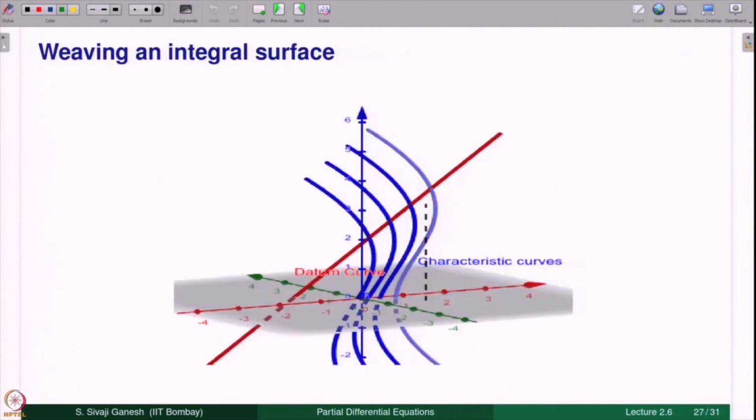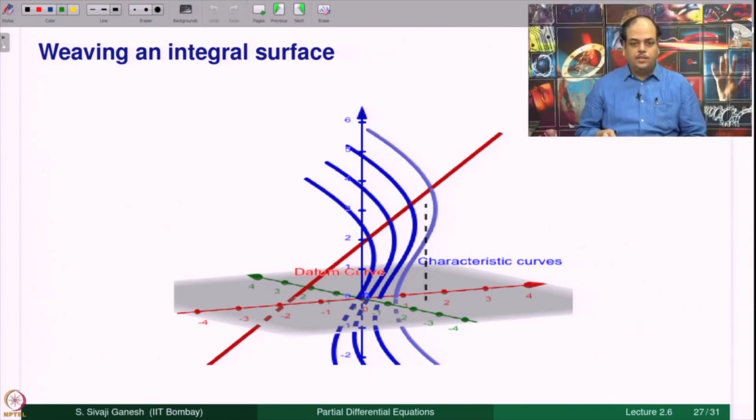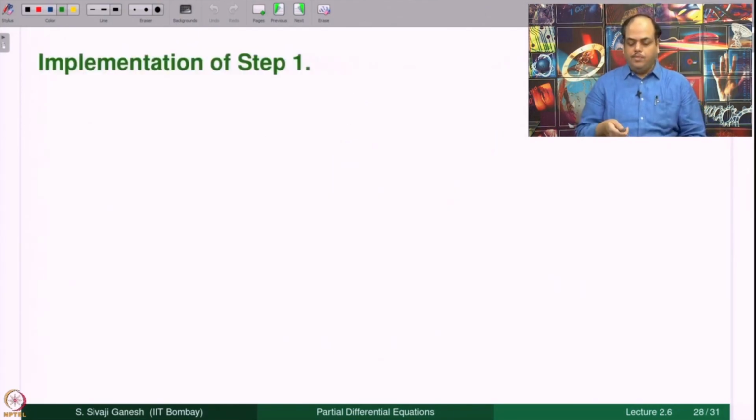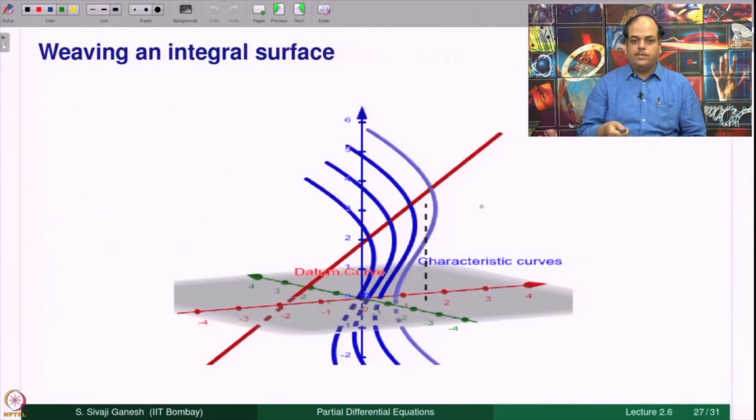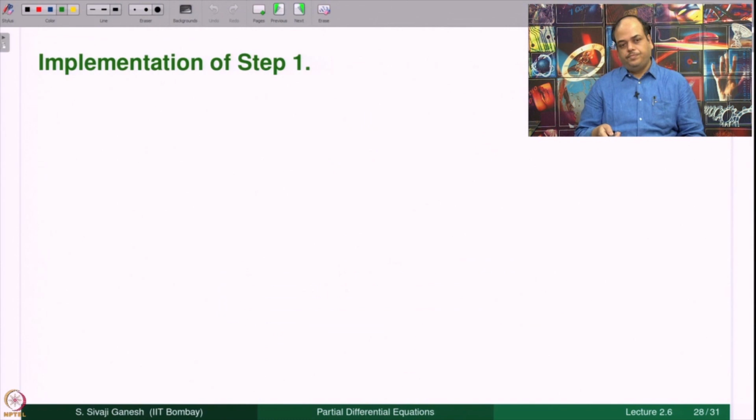So, weaving an integral surface, this is a computer generated picture of what I have just written. This is the datum curve and you pass characteristic curves through each point and then hopefully you will get a surface, and that surface is expressed like z equal to u of x, y and u is a solution to the PDE. It will be a solution to the Cauchy problem in the sense Cauchy data will be satisfied, that is how you are getting the solution.